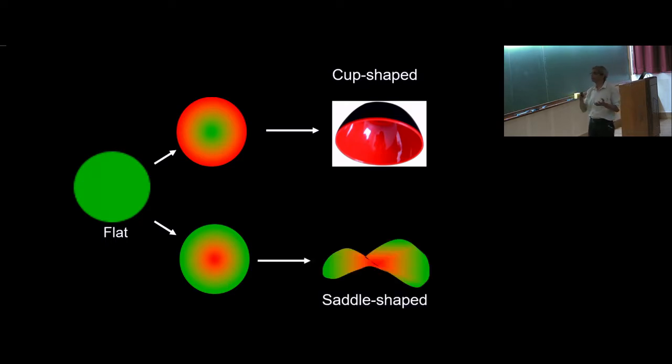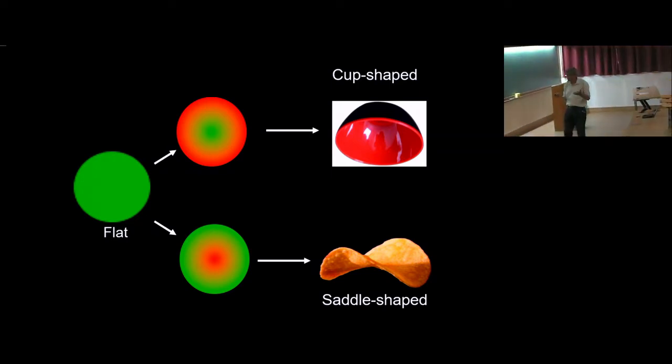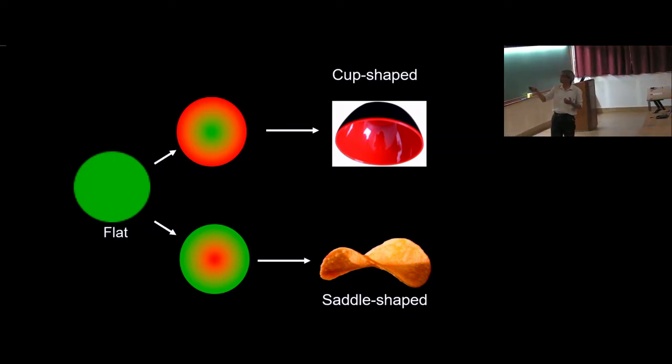In that case, it will buckle to form a saddle shape, or if you are hungry, this is probably a better example, the potato chips. This is not Pringles, by the way. In fact, potato chips are a saddle shape because they do indeed expand differentially, just like that.